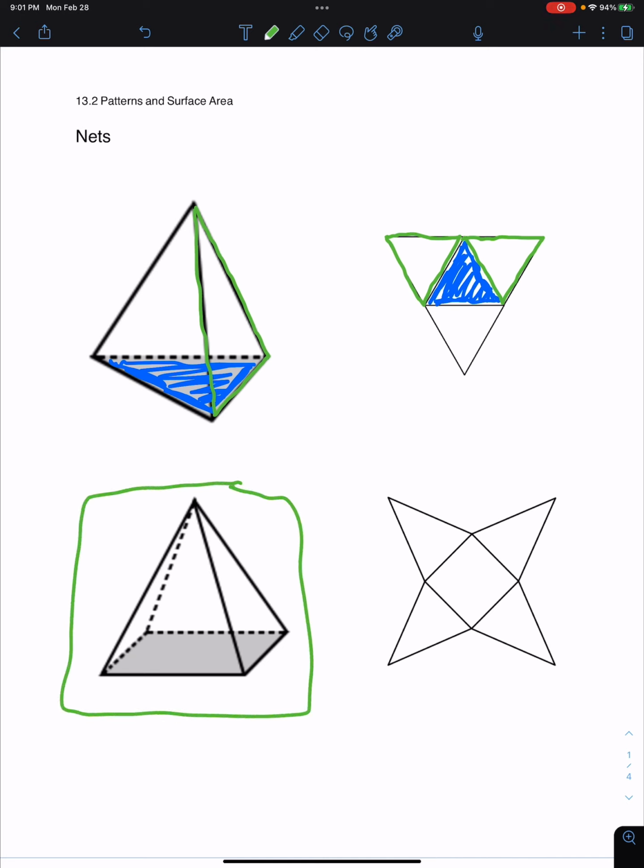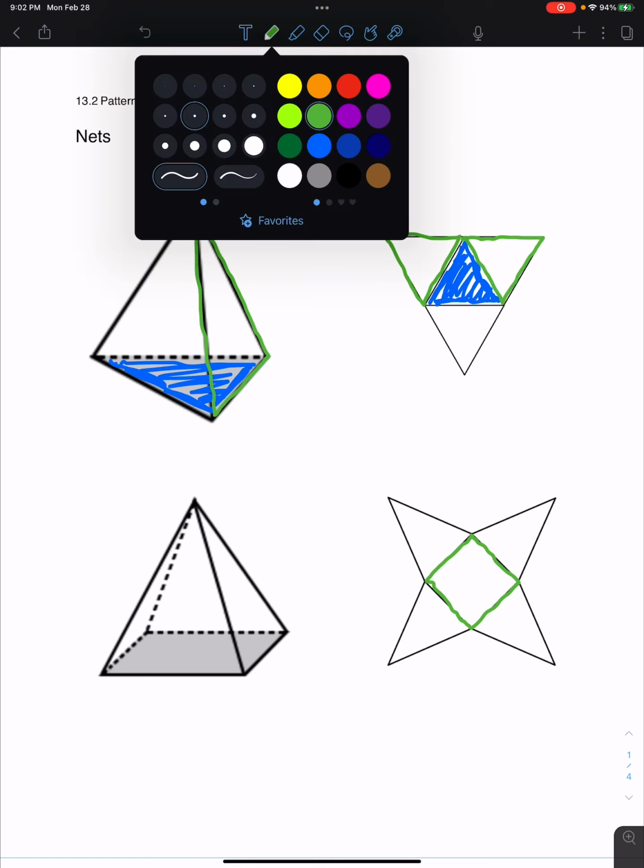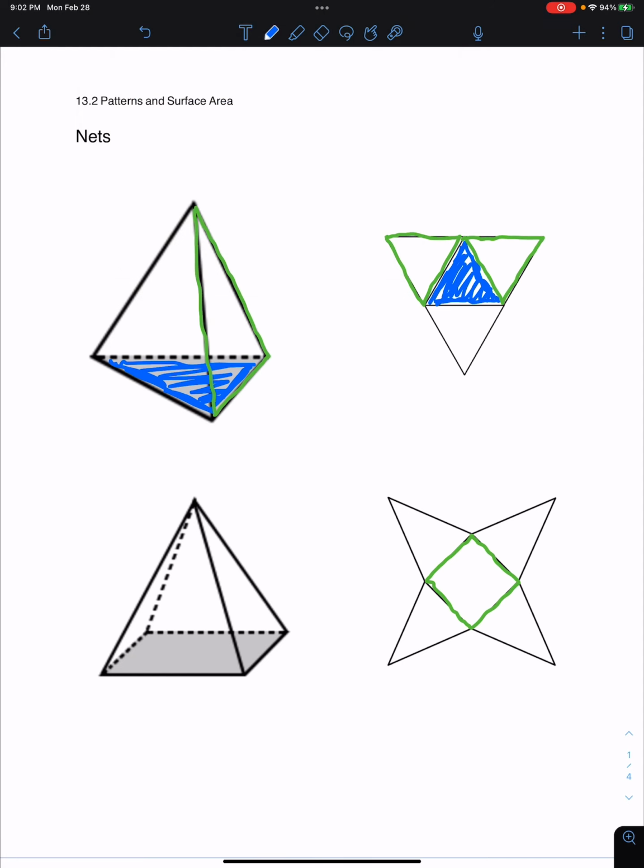This shape would be a square pyramid because the base of the pyramid, even though it looks like a rectangle here, is actually a square. It's just, again, that 2-dimension, 3-dimension thing that we're going through. And so over here, I have the net of this square pyramid, and you'll notice that here is the base, and then we have the sides, each represented by a triangle.